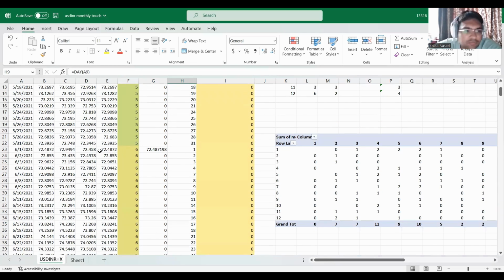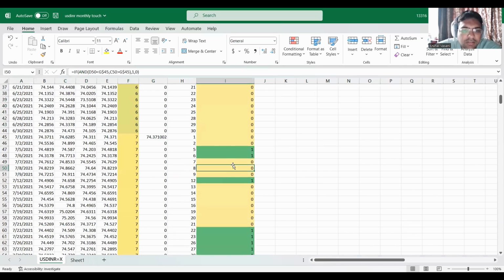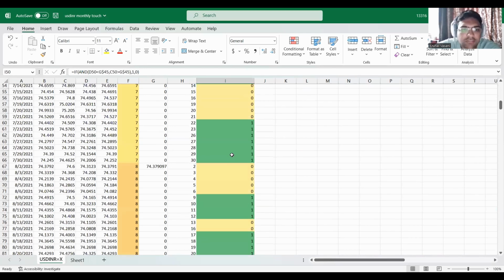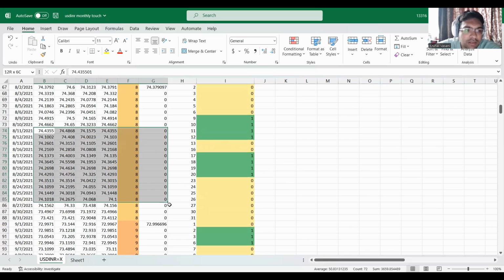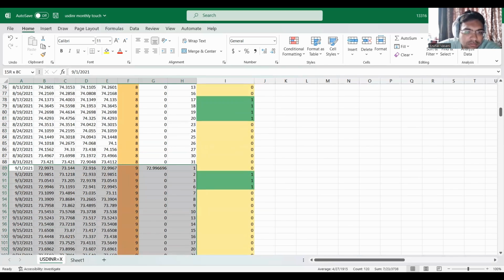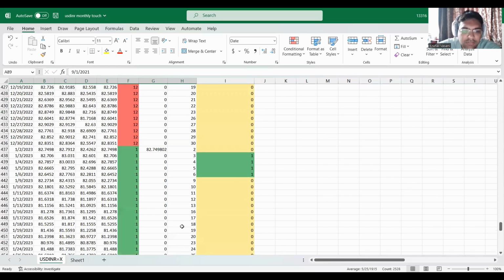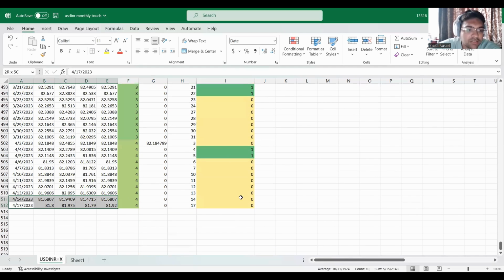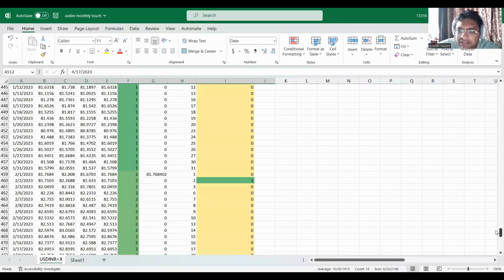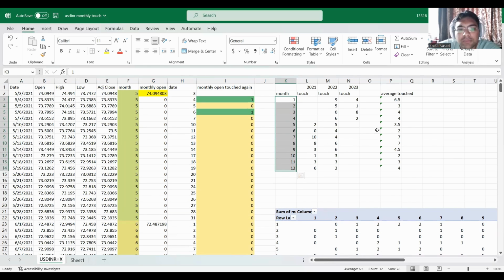I've done this for every given month. There are a few formulas which you have to change based on your needs to get to this analysis. I have done this analysis till 2023, and in the end I've written how many times in the given month it has touched the monthly open.